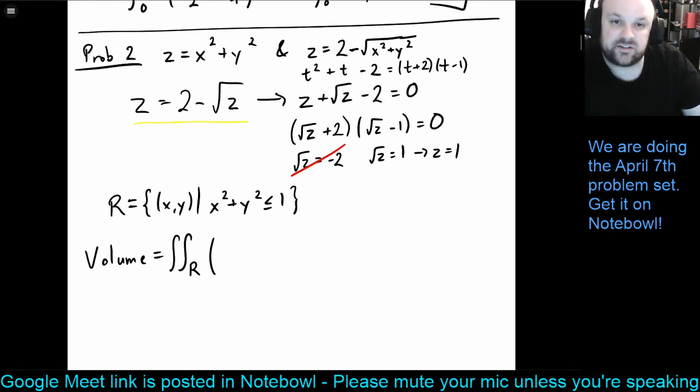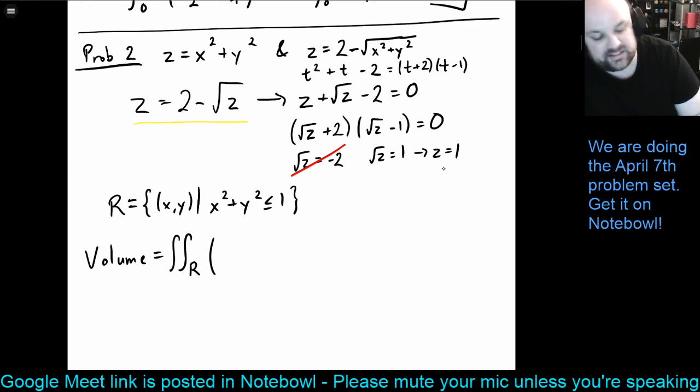Since t corresponds to square root of z, this factors as root z plus 2, root z minus 1. Now we do our usual: set each factor equal to 0. This one means square root of z has to be negative 2, which is impossible. This one means square root of z has to be 1, which is possible.